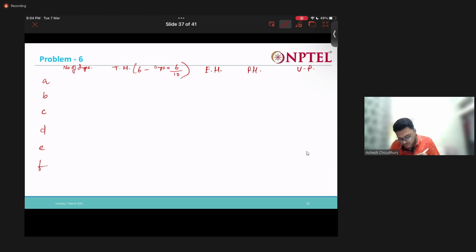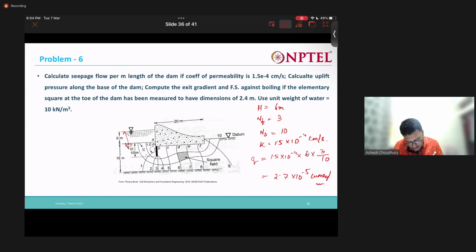Okay, so for the point A, see, we have to do approximately here. From here to here one drop is occurring, right? A is here actually, on the left side of the sheet pile.